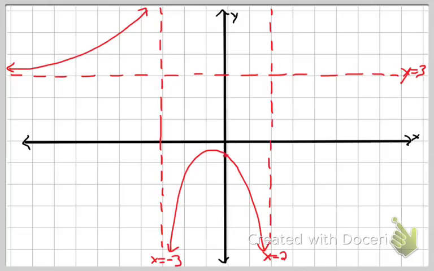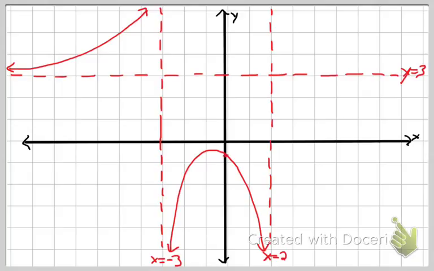And then looking at as x approaches 2 from our right hand side, we see that it's approaching positive infinity. However, when x is approaching positive infinity, we see that our whole function is actually going to be below our horizontal asymptote.